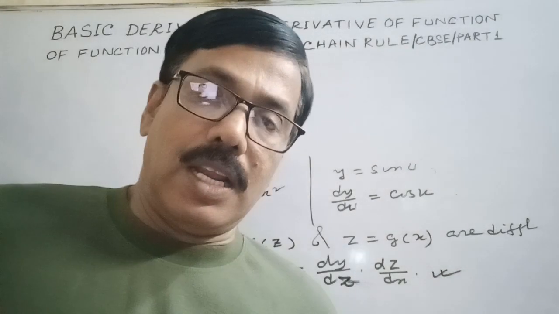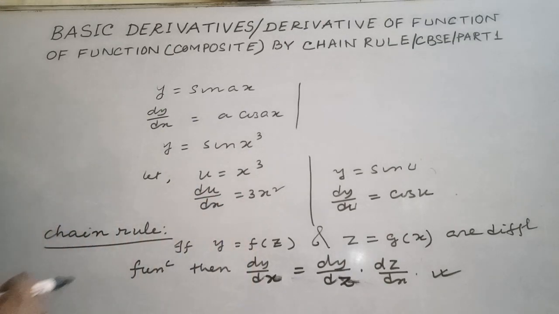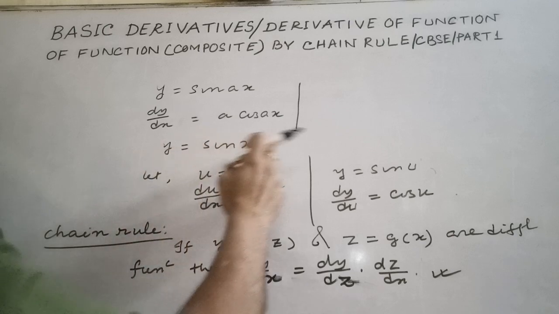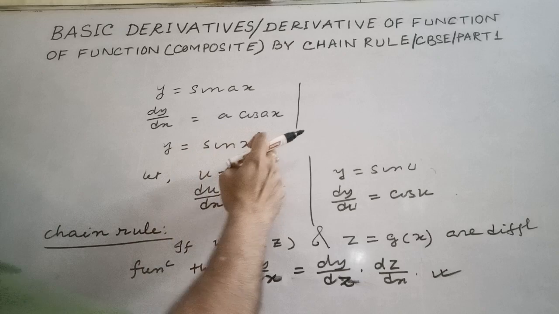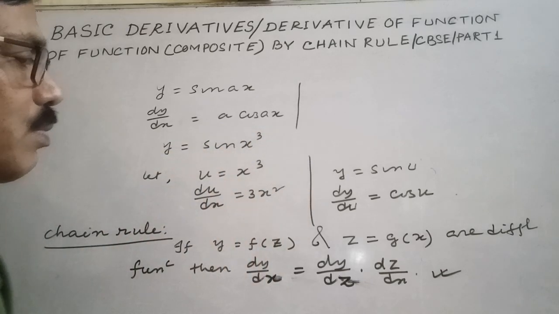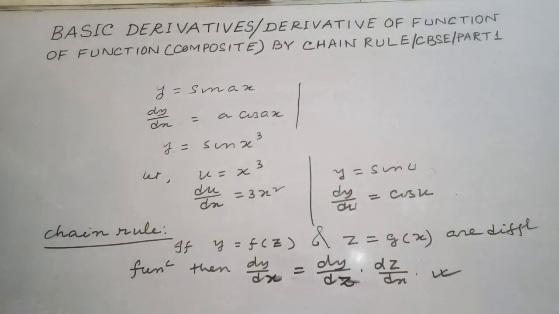So now y equals sine x cube. So sine x cube equals sine u. So this is a function of u and u is a function of x. So we can use this theory.